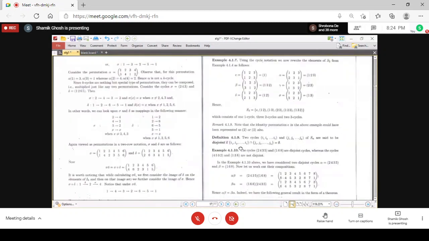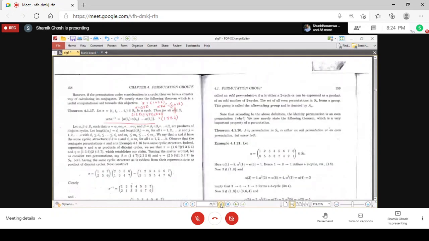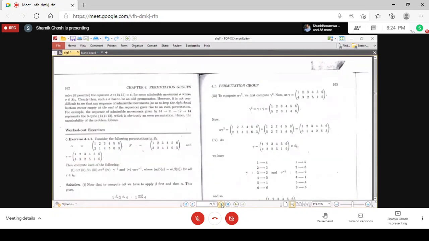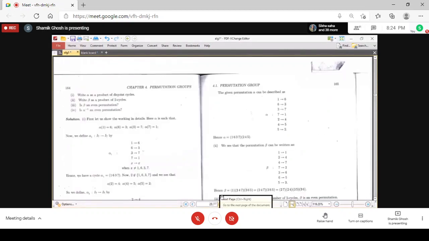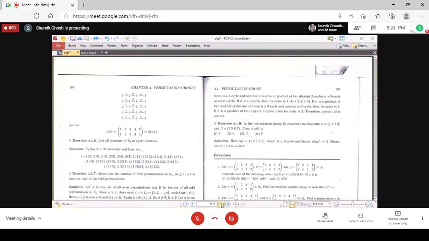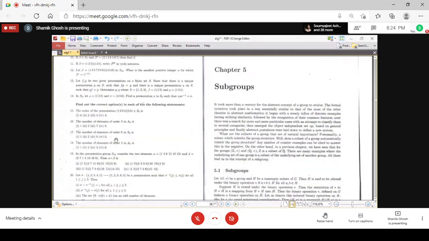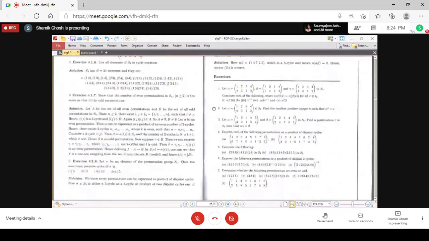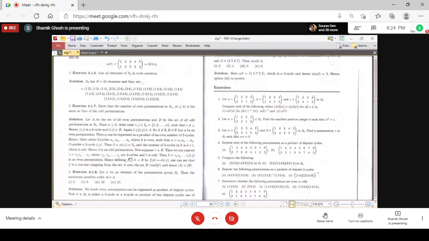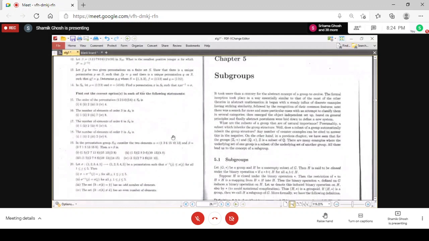There are nearly 100 problems in these 4 sections that we went through: the preliminary groups, then subgroups, then permutation groups, and the cyclic groups. You will see all the exercises here. I made a count, and there are probably 100 or something like that.